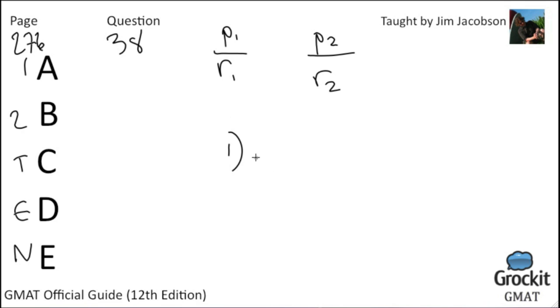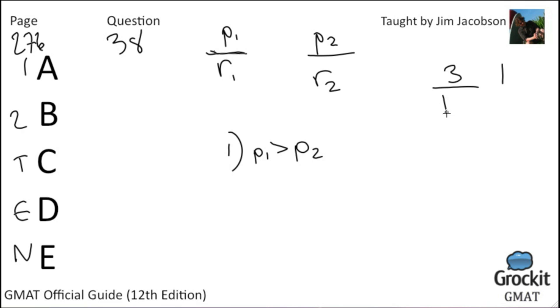Statement 1 says that P1 is greater than P2. It's good to know, but without knowing the denominators here, so for example, P1 is greater than P2, so P1 could be 3 and P2 could be 1.